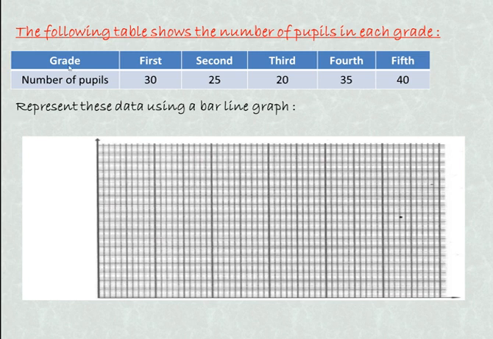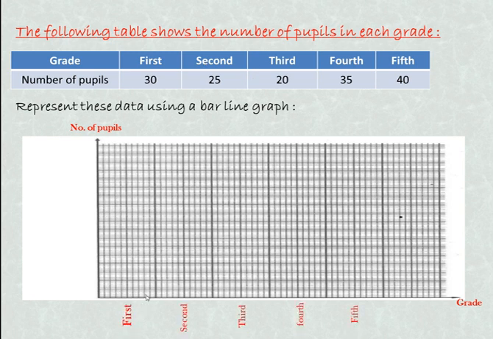First, as we said before, the up will be down and down will be up. Then write here grade, then number of pupils. Then write the first grade. Here we use the heavy line to write the names or grades.